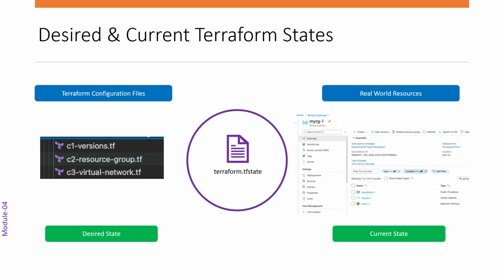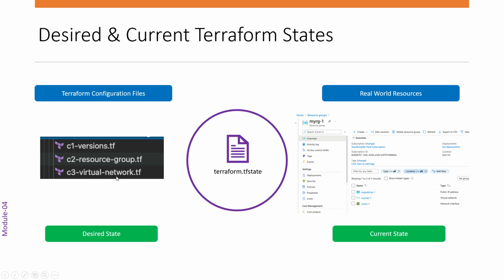So we need to understand two things here, team. I'm going to give a small demo so that it will help you understand. We need to understand the desired and the current Terraform state. The Terraform configuration files are what is called your desired state.